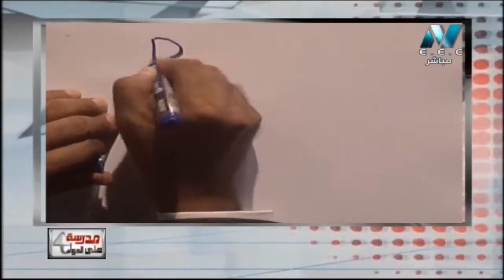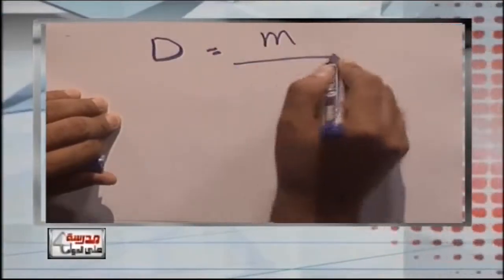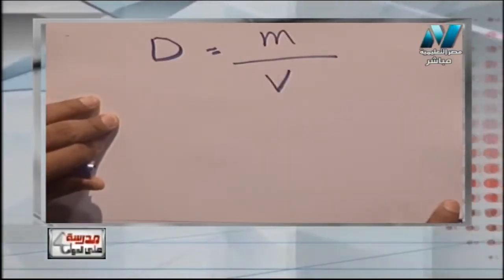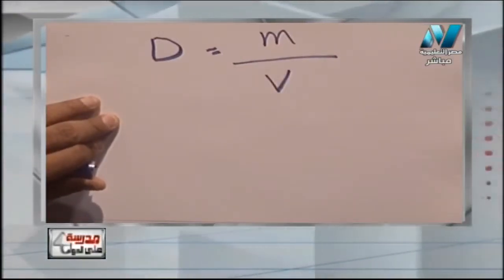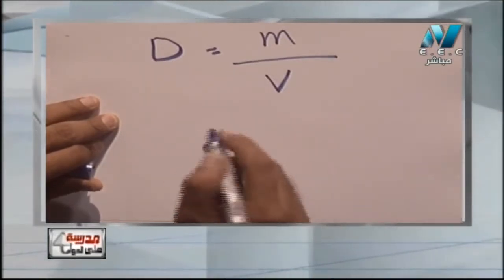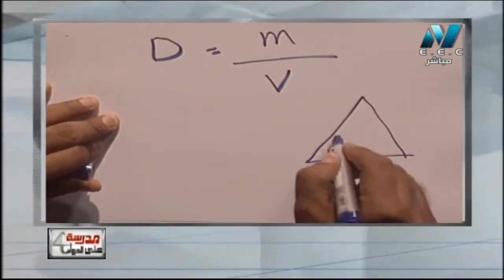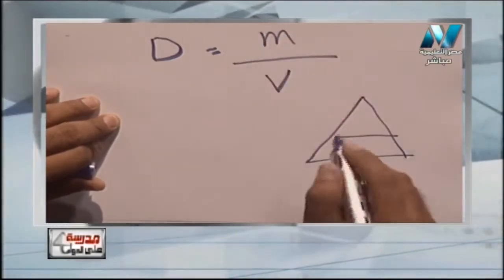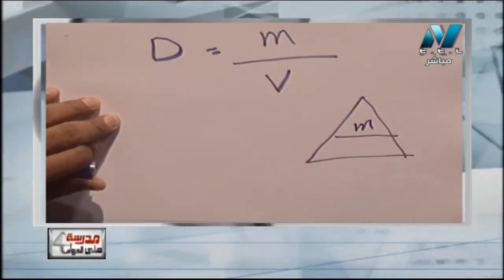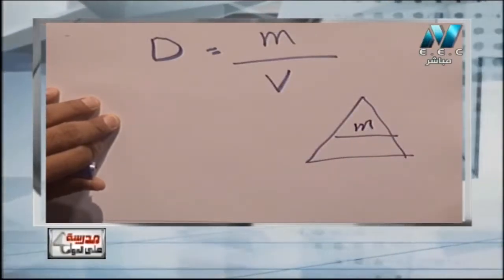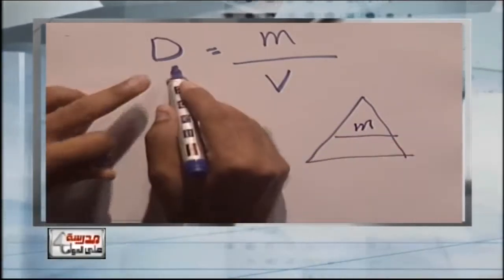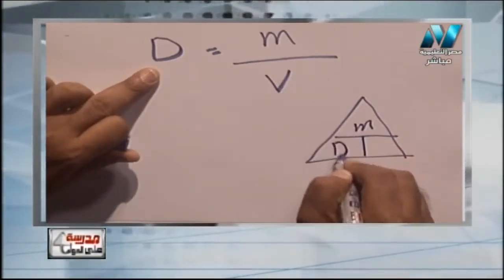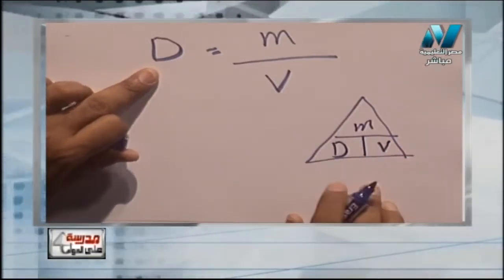Now, let's remember the physical equation of density. Density equals mass over volume. We need to make the triangle, with mass on top, and density and volume in these places.